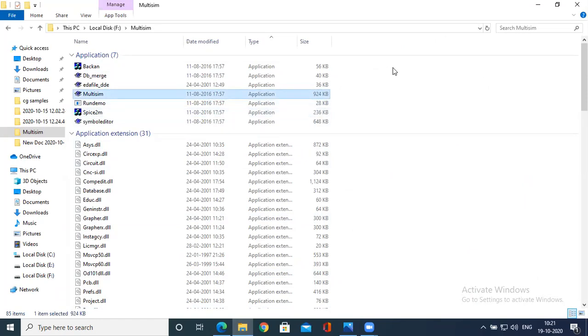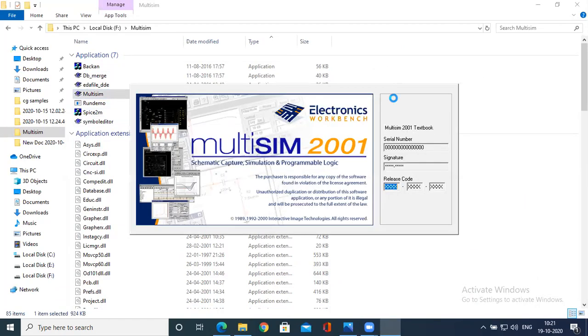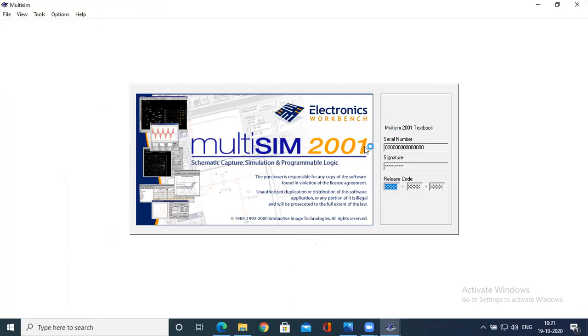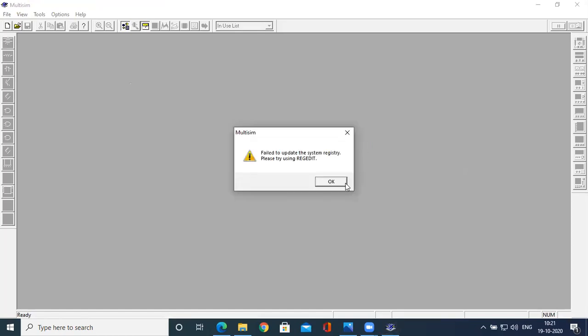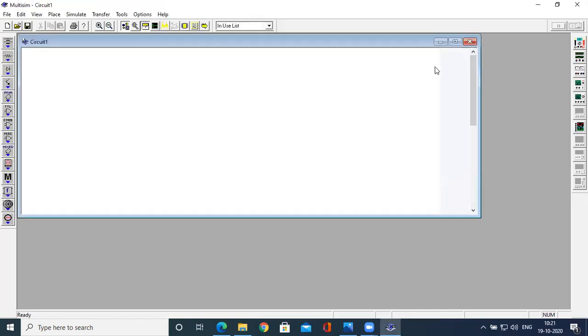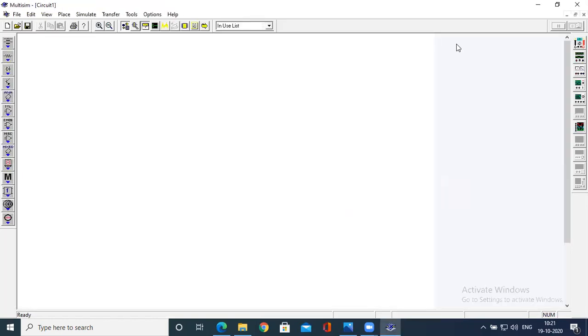When you double click, you get the interface of Multisim. As we have seen the first experiment, in fact that is the second experiment I did first because it was an easy experiment: the 741 op-amp relaxation oscillator. Since we have many cases, I have taken this as the second experiment.